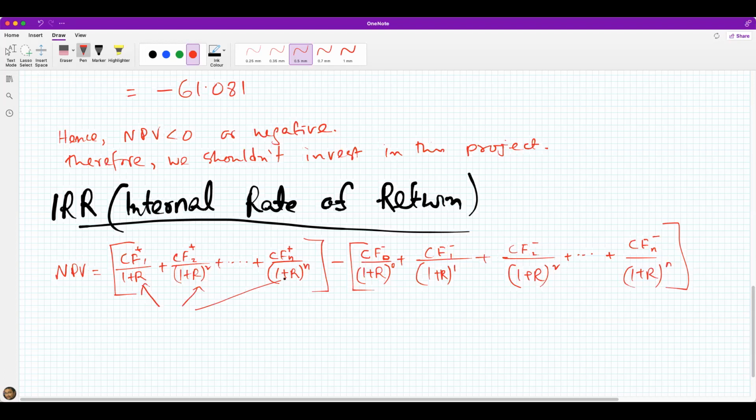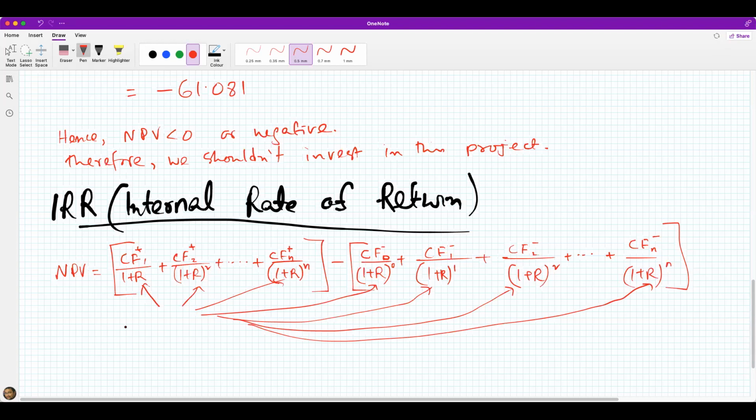In this expression we use this R. This R is actually the weighted average cost of capital. This discount rate is the weighted average cost of capital.